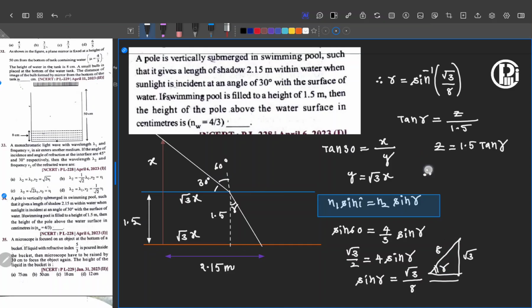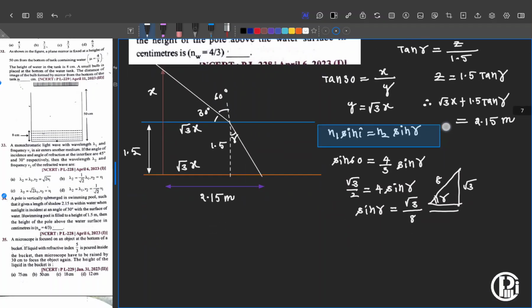The main logic is this: this is root 3x, plus this is 1.5 into tan r, that will be equal to how much? 2.15. So just solve it, you will get the answer, 2.15 meters. Clear? That is question number 34. And now let's look at question number 35.